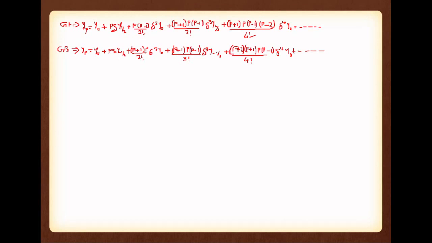Now the p term is different. Here we have p into p minus 1 divided by 2 factorial, here we have p plus 1 into p divided by 2 factorial. But the theta square term is the same. Both have theta square y0. Now here the p term is the same, p plus 1 into p minus 1 divided by 3 factorial. In these two equations, the theta cube term is different.